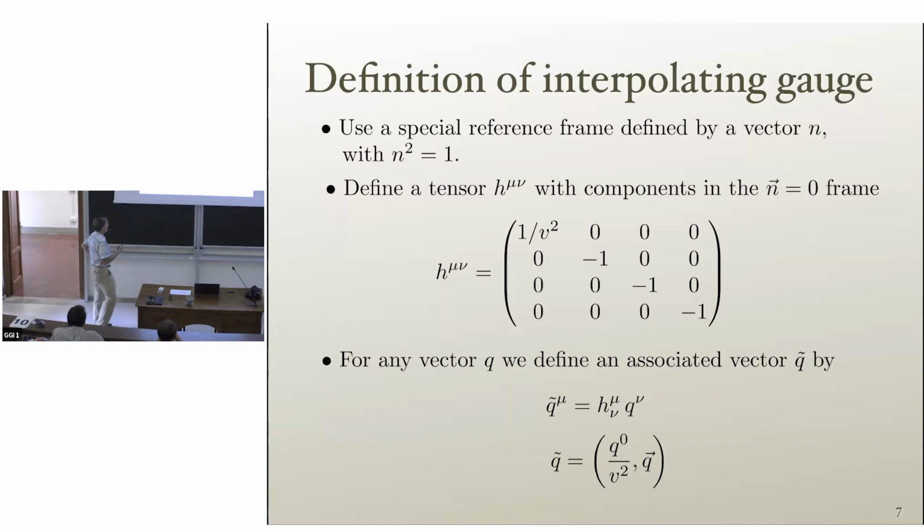And then for any vector q, we define q tilde as h^{μν} q_ν. So the components of q tilde are q⁰/v² and then the vector q.